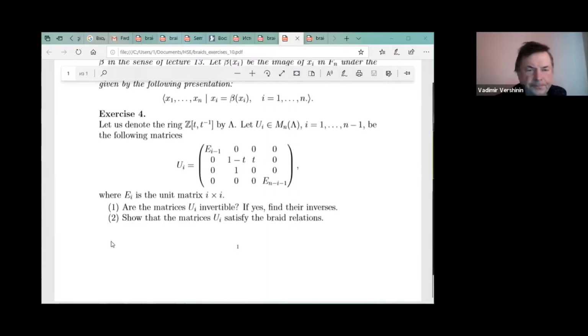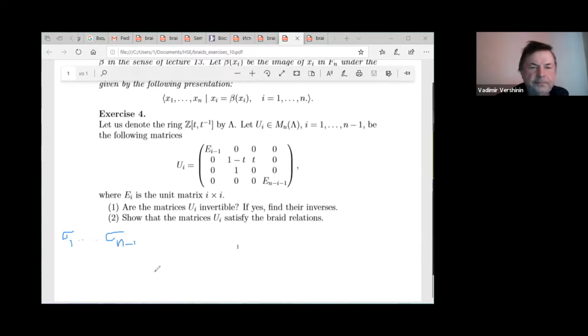Okay, now it became free. Now the usual standard use of Tietze transformation. You have a standard presentation, generators and then relations.